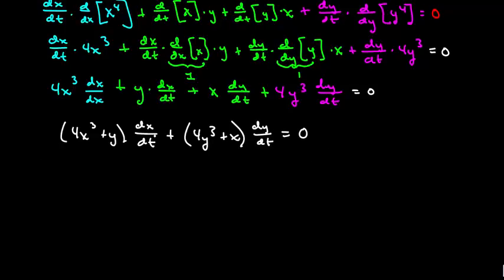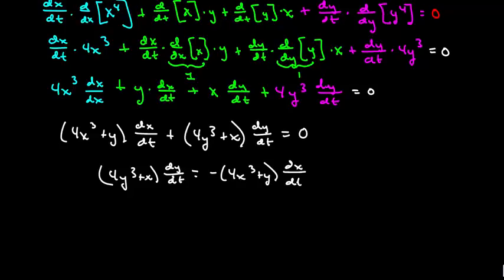But we could move this guy over to the other side. So we would get 4y to the third plus x times dy/dt, the rate of change of y with respect to t, equal to negative 4x to the third plus y times dx/dt.